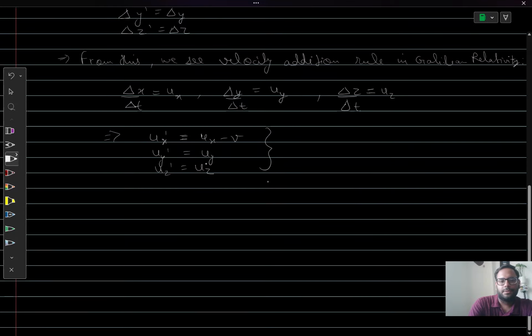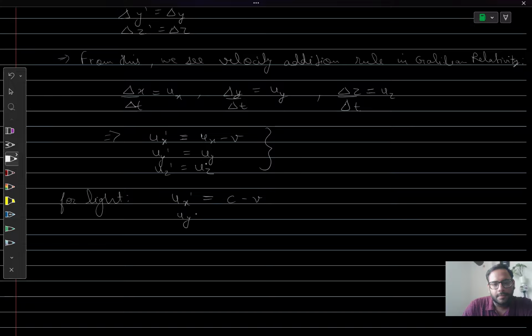So these are the Galilean transformations, and for light in particular, you see in a moving frame, if in the stationary frame the speed of light is c, then in the moving frame the speed of light changes.